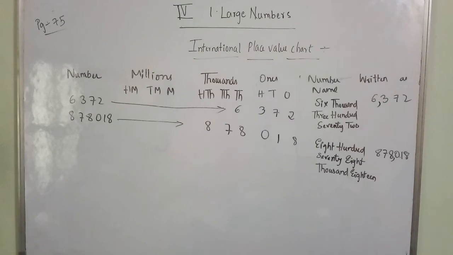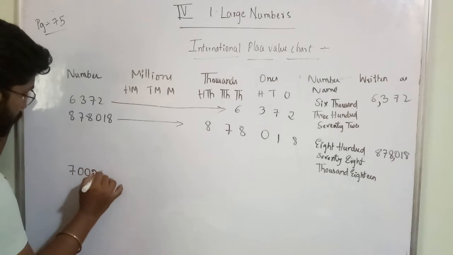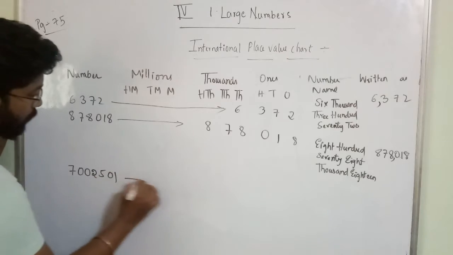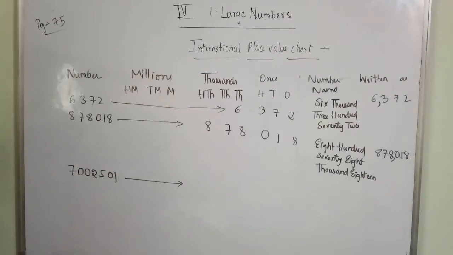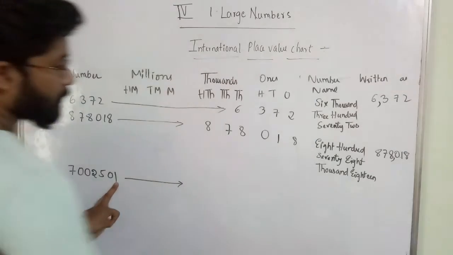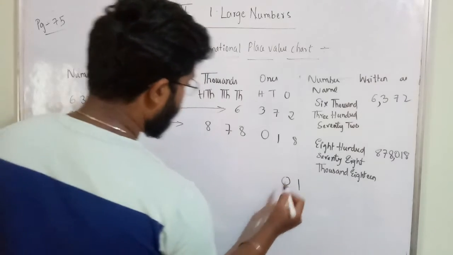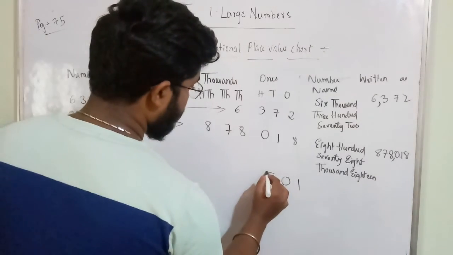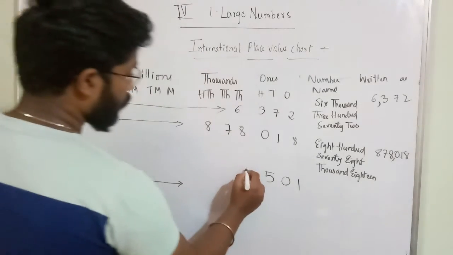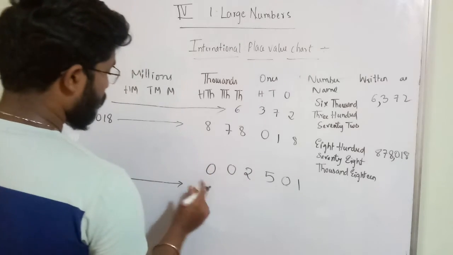Next is what number? 7002501. So you have to start arranging from the last digit. 1, 0, 5, 2, 0, 0.